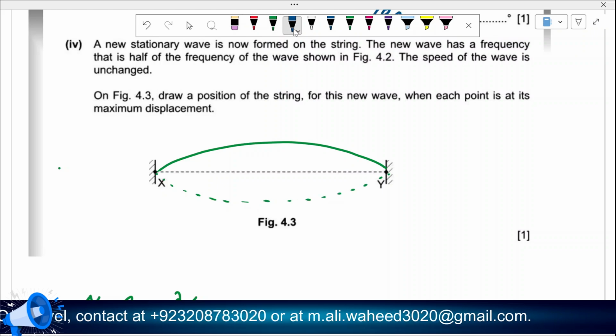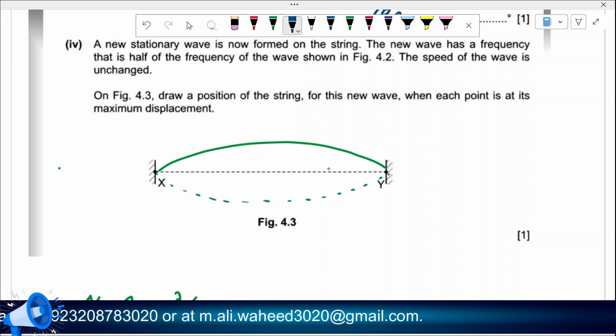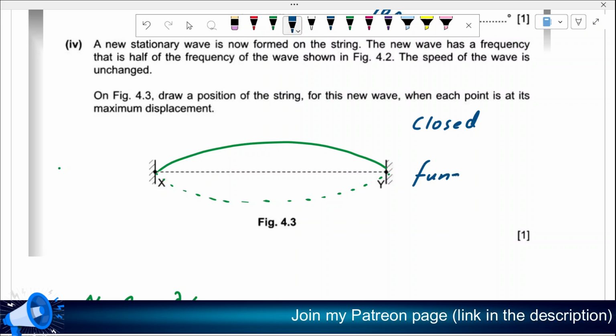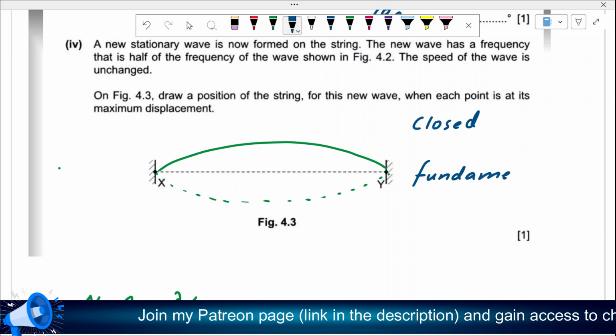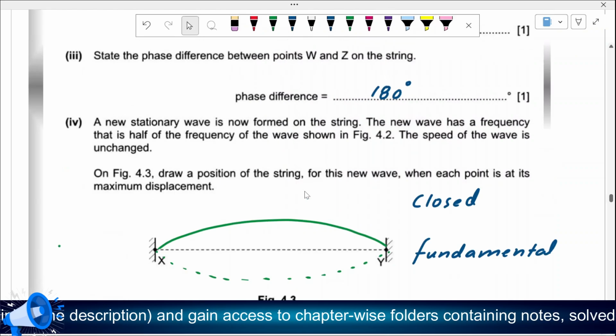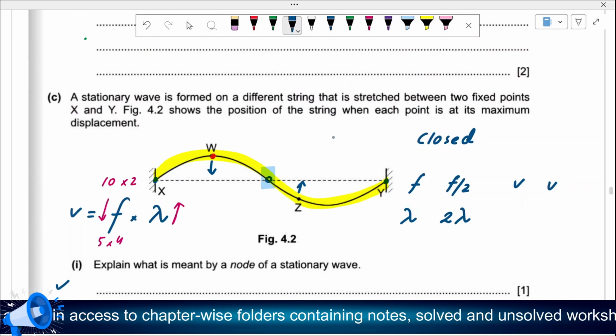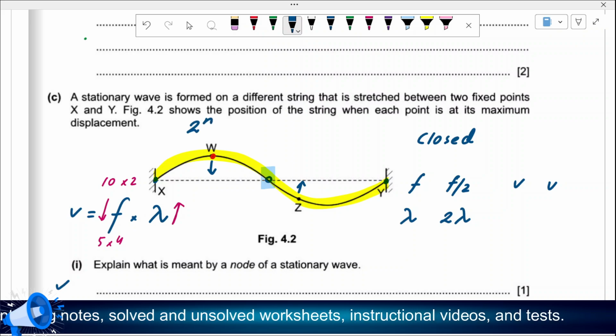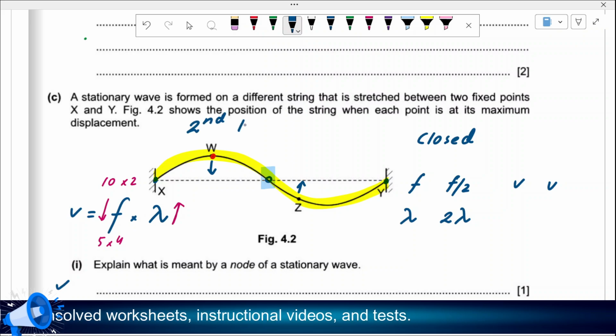And if you guys could remember, when we have the two fixed points or the closed ends, this kind of wave is the lowest frequency that you can have. This is known as the first harmonic, aka fundamental harmonic. And the one that was given initially, for that case when the two ends are closed, this kind of harmonic is known as the second harmonic.